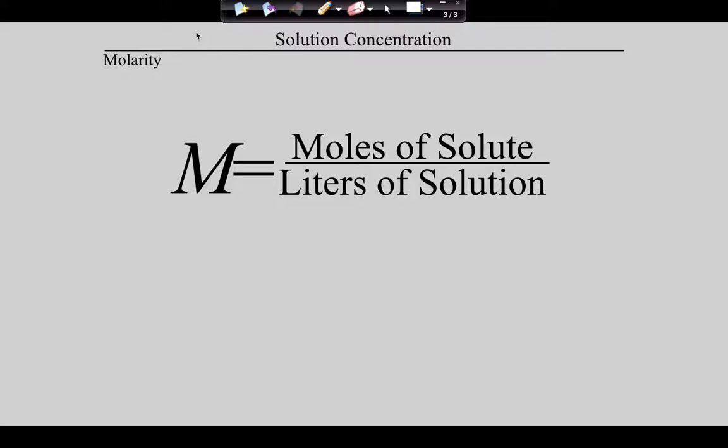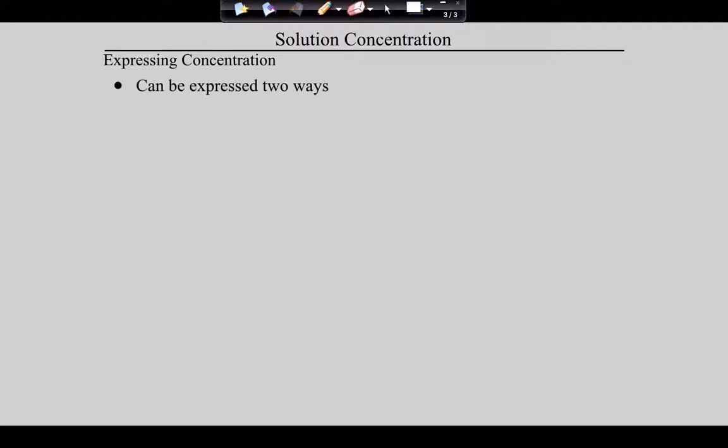Okay. So guys, with that said, what we need to talk about then is this. There's actually, and I think you're going to want to write this down, there's actually two ways that we can think about molarity. And we've seen a couple homework questions already that have alluded to this. But guys, we need to be absolutely sure that we're clear on this.